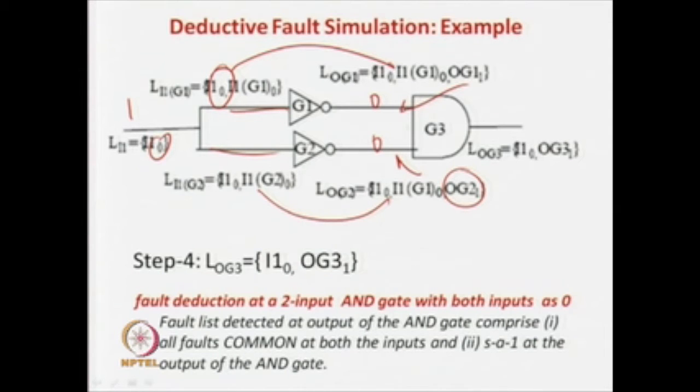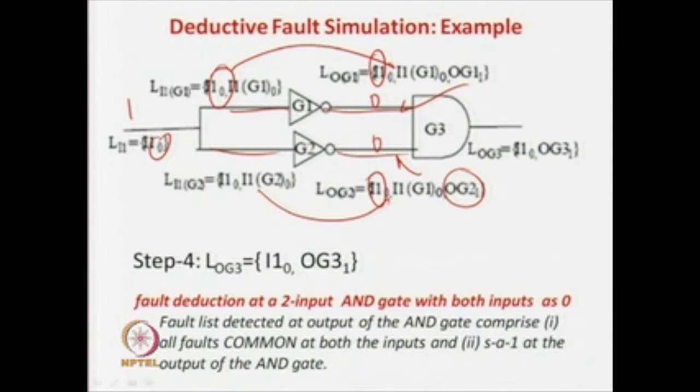Now we also discussed in the last class the case where both the AND gate inputs are 0. If one input is 0 in an AND gate, we know that the fault cannot be propagated by the other end. So what did we find out? Only one fault, which is common to both of them, lands up as a stuck-at-0 over here and stuck-at-0 over here.